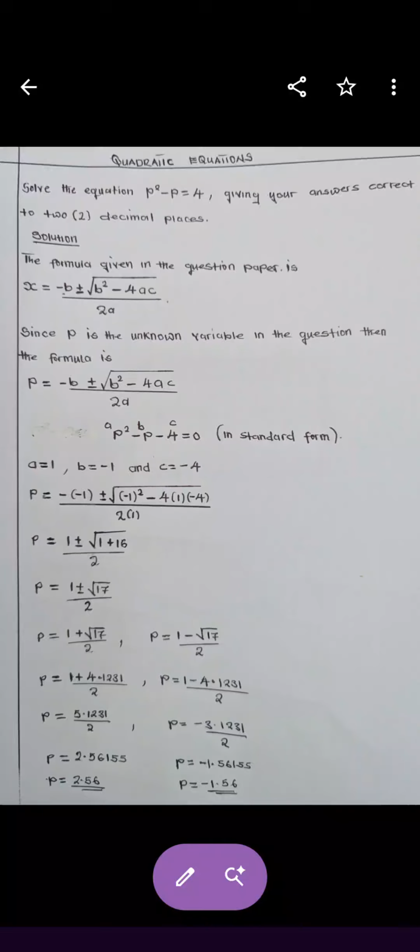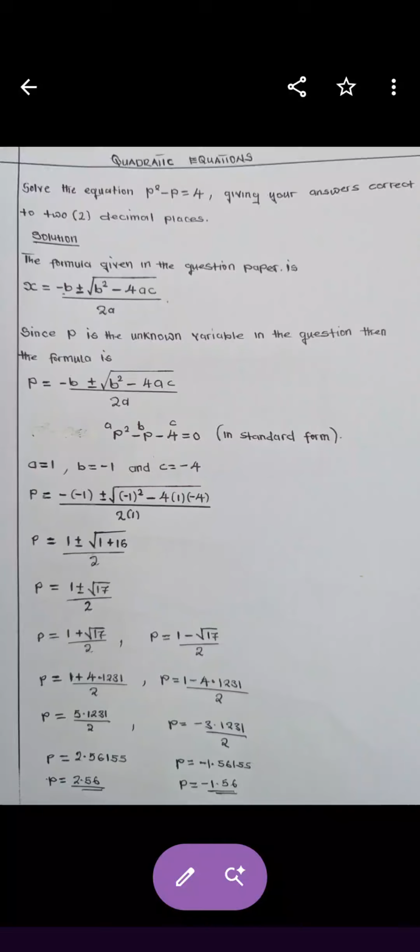Put all the numbers in brackets, whether positive or negative. So we have negative 1 for b. Where there's b, we are going to write negative 1.